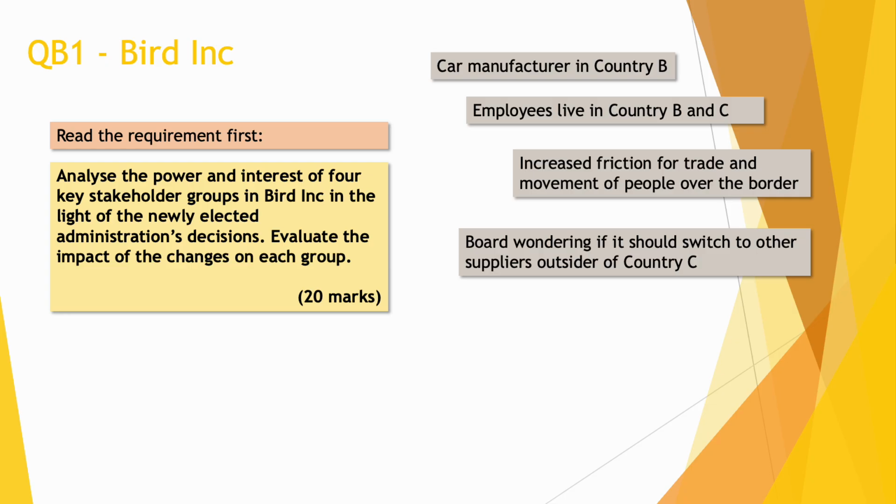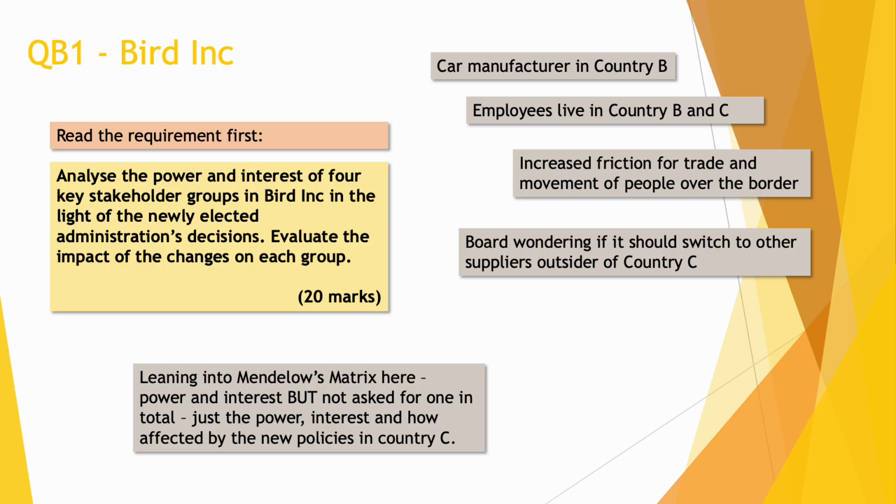Now, the question is really clearly leaning into Mendelow's matrix, the power and interest of stakeholders. But you need to be really careful here because, again, it's easy to answer a question that's not really the one that's been set. You're asked to analyse the power and interest of the 4 key stakeholder groups, fine. But it doesn't want to know what the approach should be to managing each of them.